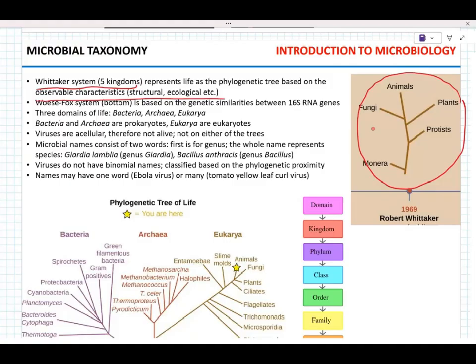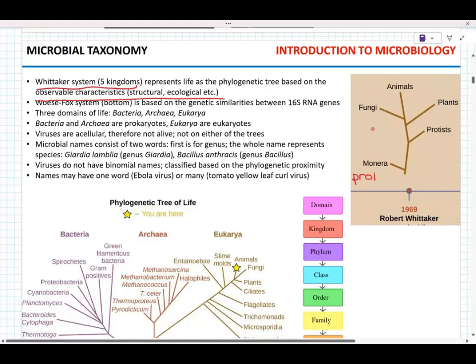Now, I think you don't have any problem identifying members of fungi, animals, or plants, but what about Monera and protists? Monera are all prokaryotes, and protists are single-celled eukaryotes.